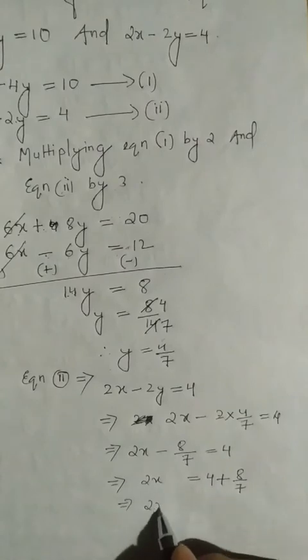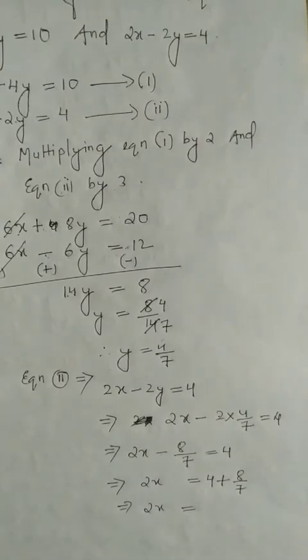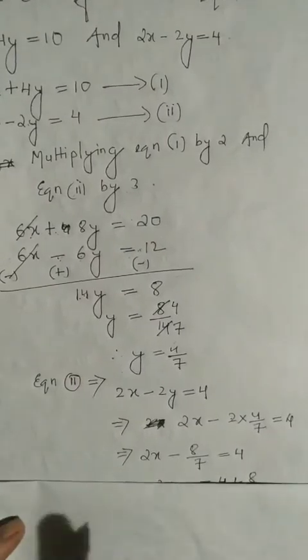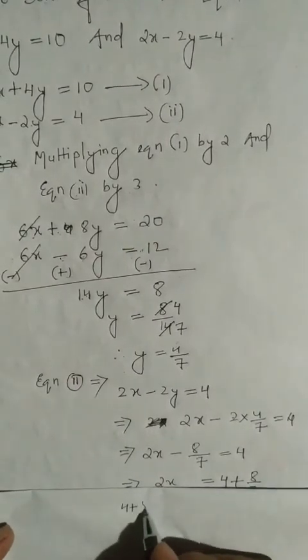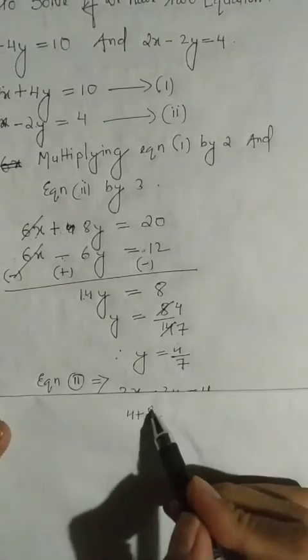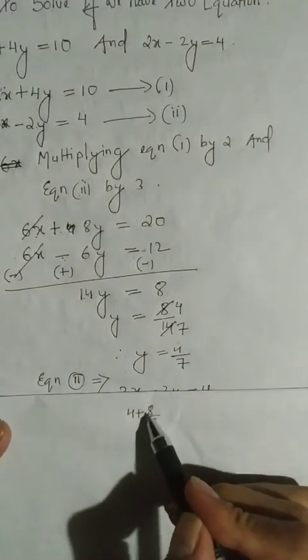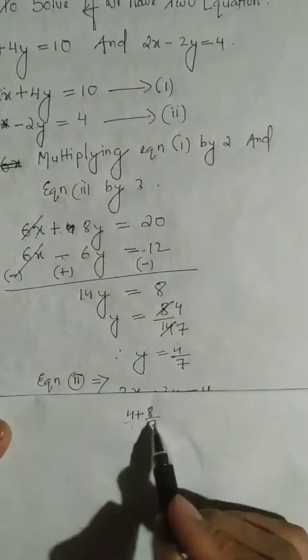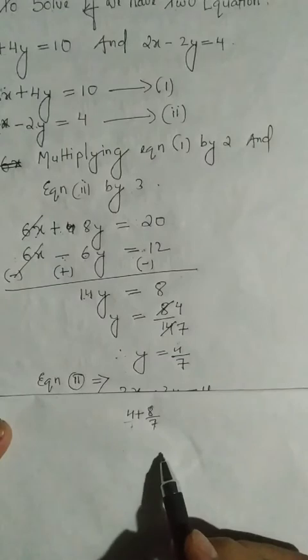Now 2x is equal to, we are going to simplify this side. So this is 4 plus 8 by 7. How are we going to add it? See, this is a fraction. If a single term is a fraction, then everything is a fraction. So you can put 1 here as the denominator and take the LCM.